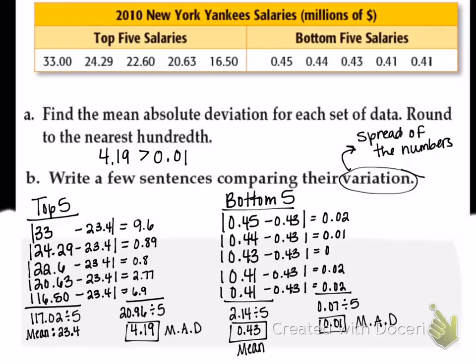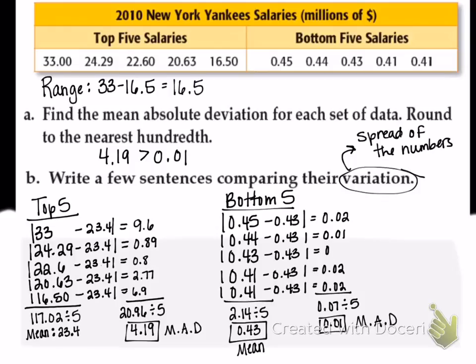The range and the mean absolute deviation should go hand in hand. If the mean absolute deviation for the top 5 salaries is larger, then the range should be as well. So if we found the range of the top 5, we would take 33 and subtract 16.5, and we come up with 16.5.